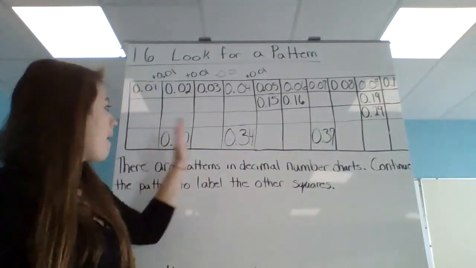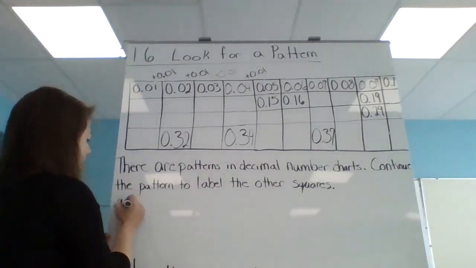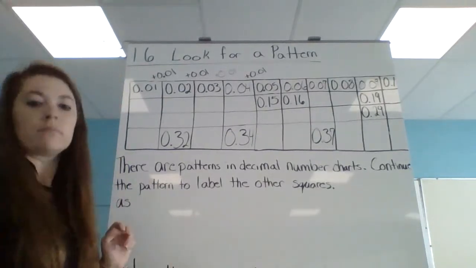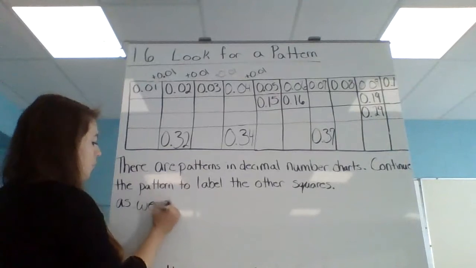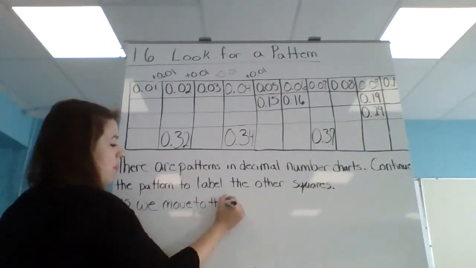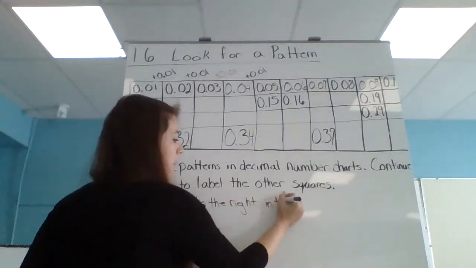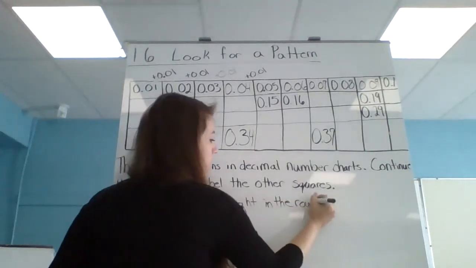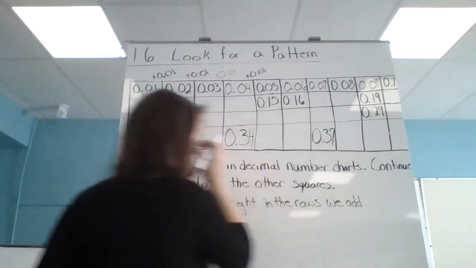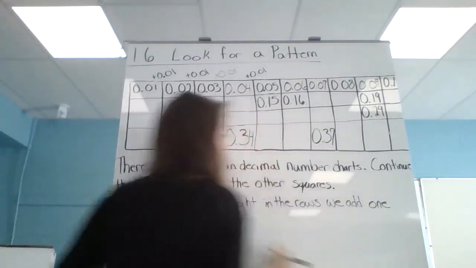So as we move to the right in the rows, we add 100th.